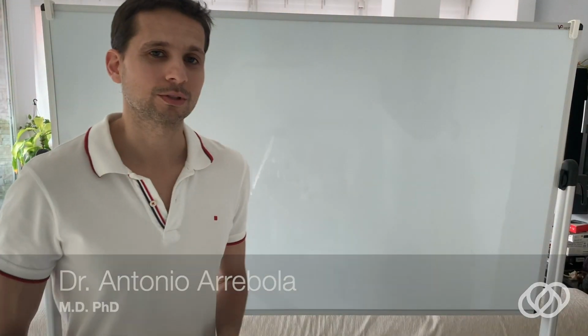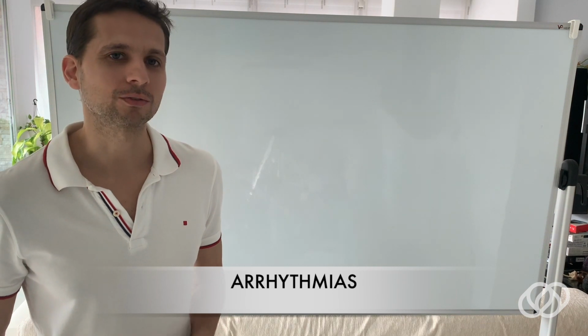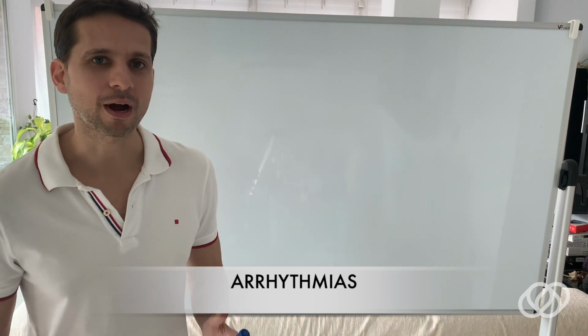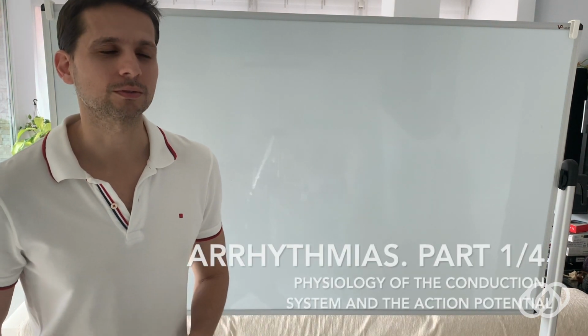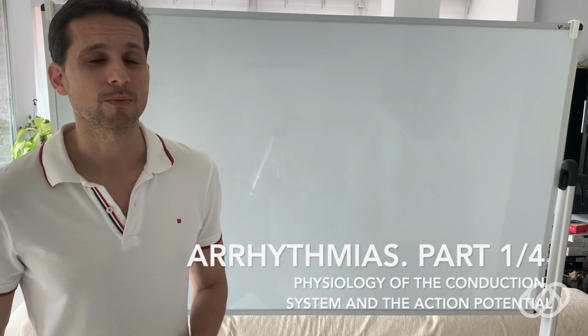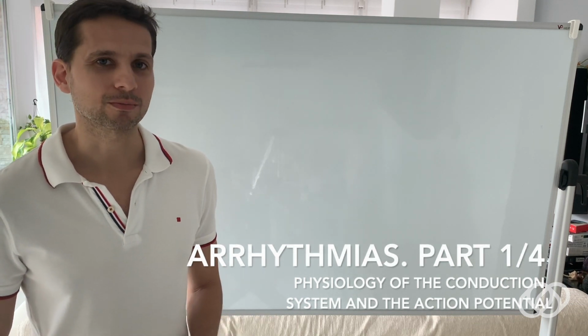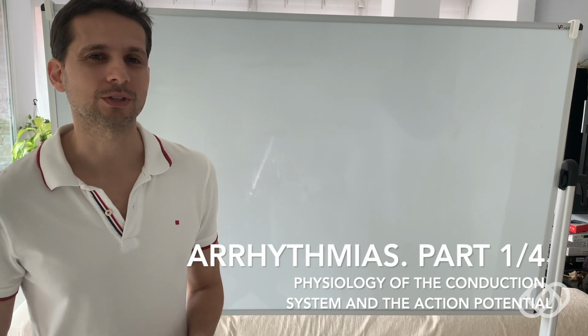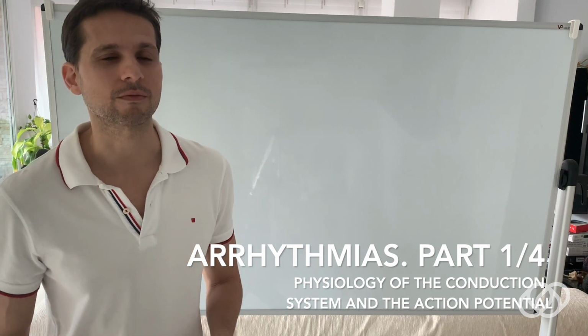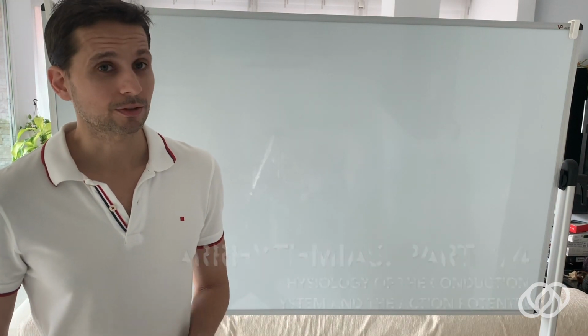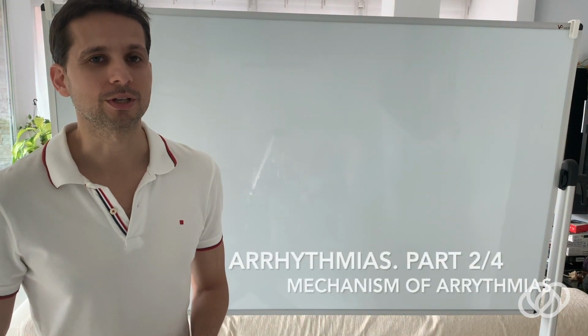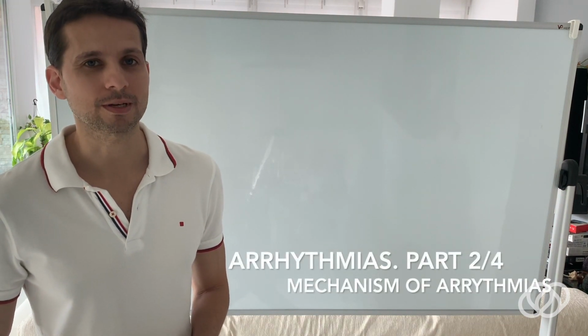Today we are going to talk about arrhythmias. We are going to divide the course in 4 parts. The first part we are going to talk about physiology: the action potential and the conduction system of the heart. Then in the second part we will talk about the mechanism of arrhythmias.